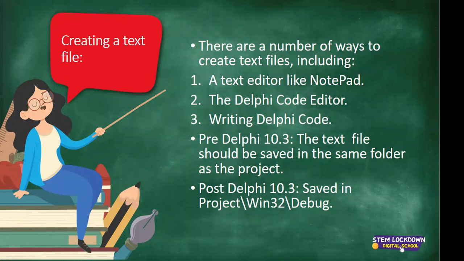Since Delphi 10.3, and the one that I'm using is 10.3.3, you don't have to, but it will look for it by default inside the project folder, in the Win32 folder, and inside that folder is a Debug folder. So inside the Debug folder, we have to place our text file.